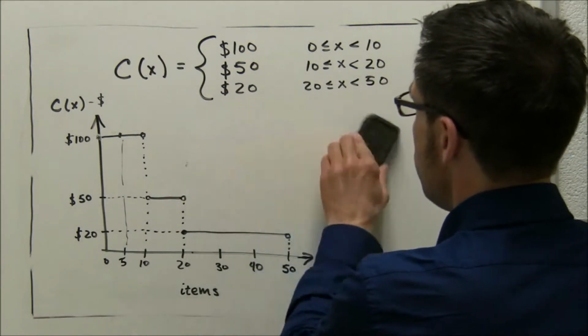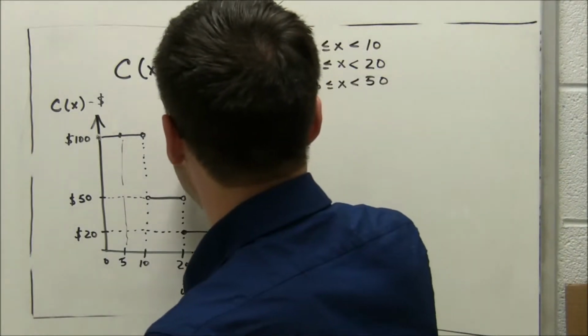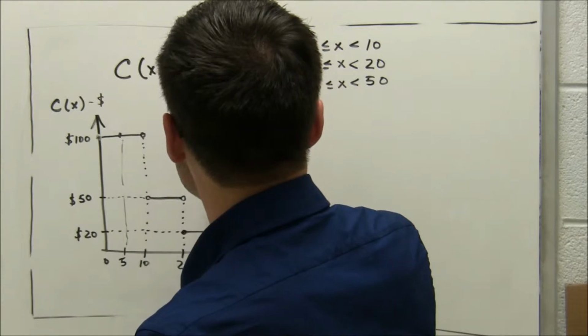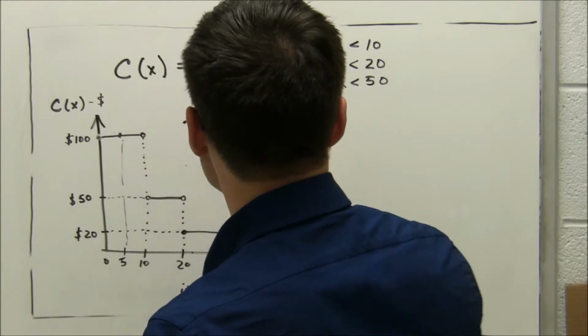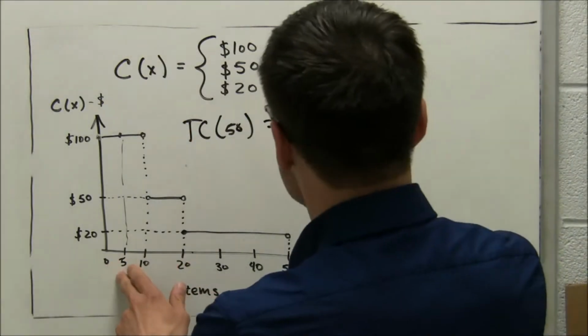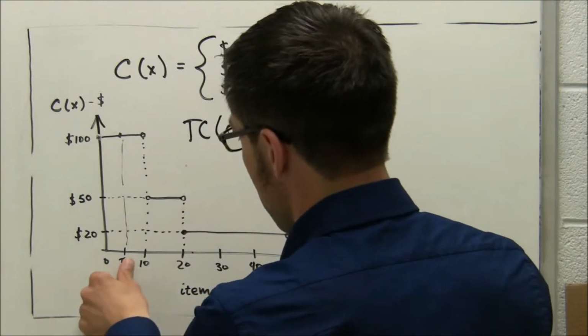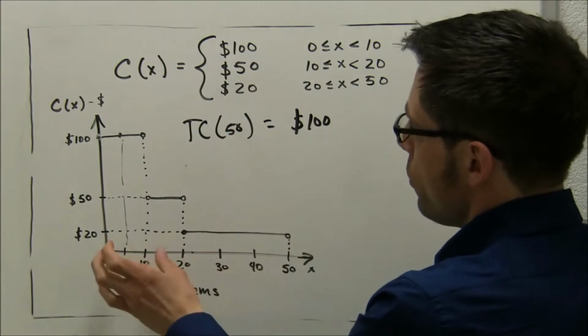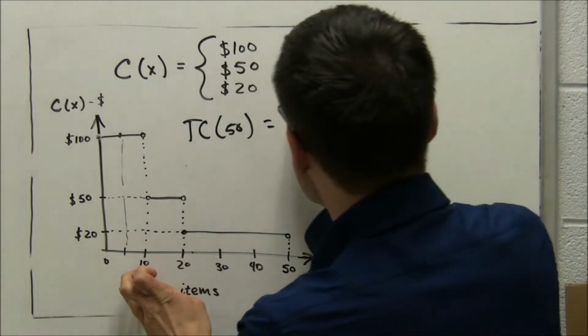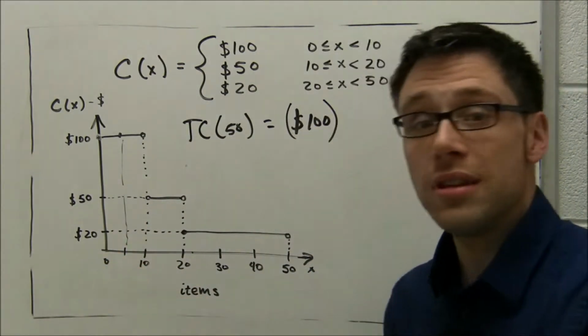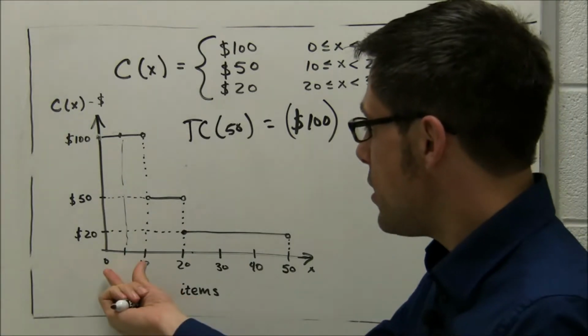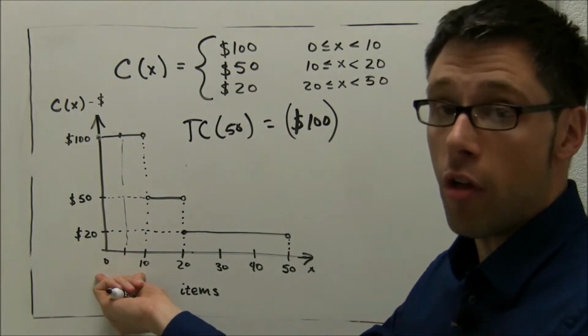So the total cost of producing 50 items, I'll write total cost as TC, and let's say TC of 50, is going to be the cost of producing the first 10 items, which is $100 each. So it's $100 times 10, because it's 10 items for $100 a piece.